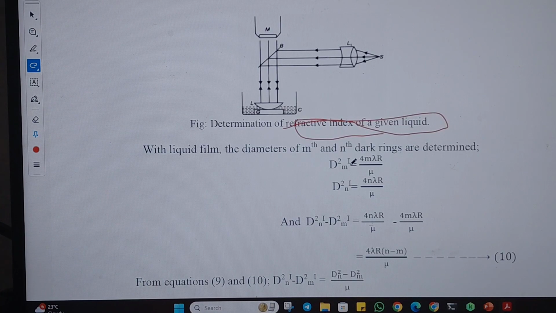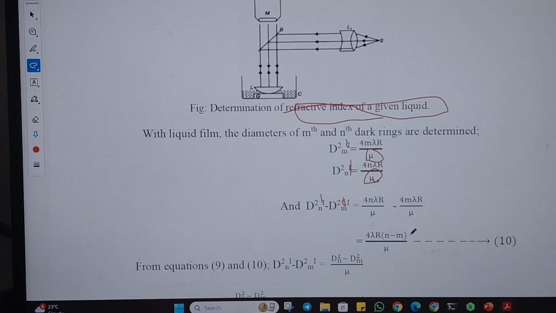What we are finding here is the refractive index, that is why we are using Dm dash and Dn dash. So that is 4m lambda R by mu, where mu is the refractive index of the given liquid, for m and n. So Dn square dash minus Dm square dash.